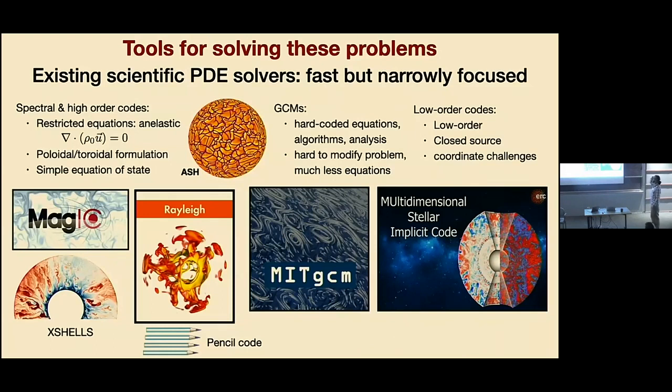ASH was a well-known one for a long time. The Rayleigh code, the open source successor to that, there's the MagIC code, there's the Pencil code out of Nordita, XShells, some others. Sometimes, especially more on the planetary side, you'll see global circulation models brought into the stellar modeling place. Okay, and then there's MUSIC.